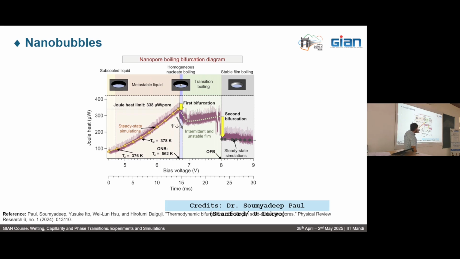So he has observed the homogeneous nucleation to happen even before the stable film or the nucleation on the side walls of the nanopore takes place. So please, you can go to his work. His work is published in PRR, and it is on the thermodynamic bifurcation of bubbles inside a nanopore.